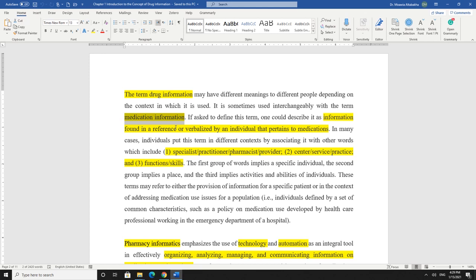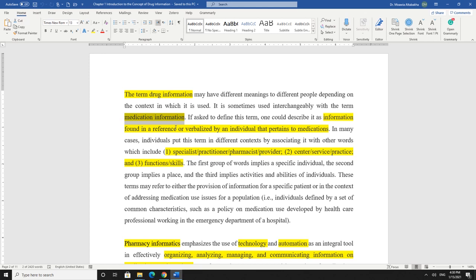Who is this person who's going to provide drug information? So he can be a specialist, practitioner, pharmacist, provider. So one is the person. Two, the site. Where is this place where the drug information is provided? It can be a center, a service, a practice site.